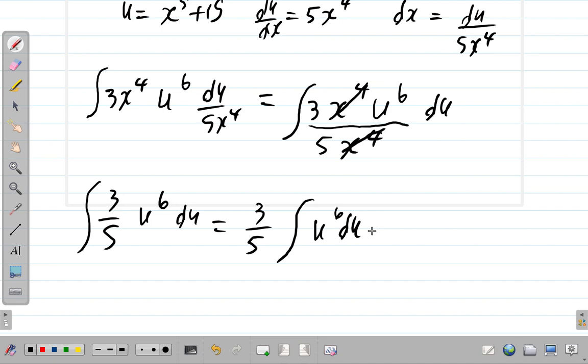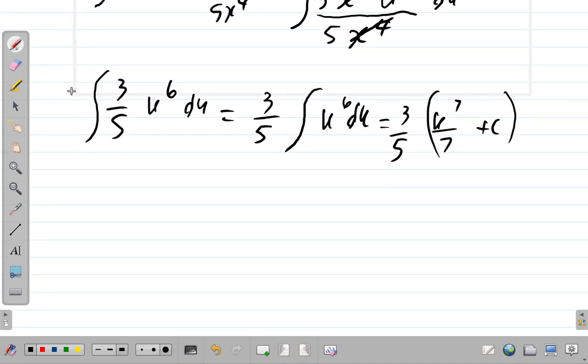So when you integrate u to the 6th du, what you get is this. You have 3/5 u to the 7 over 7 plus c. So there we go with that. So what we have then is, what was u again?